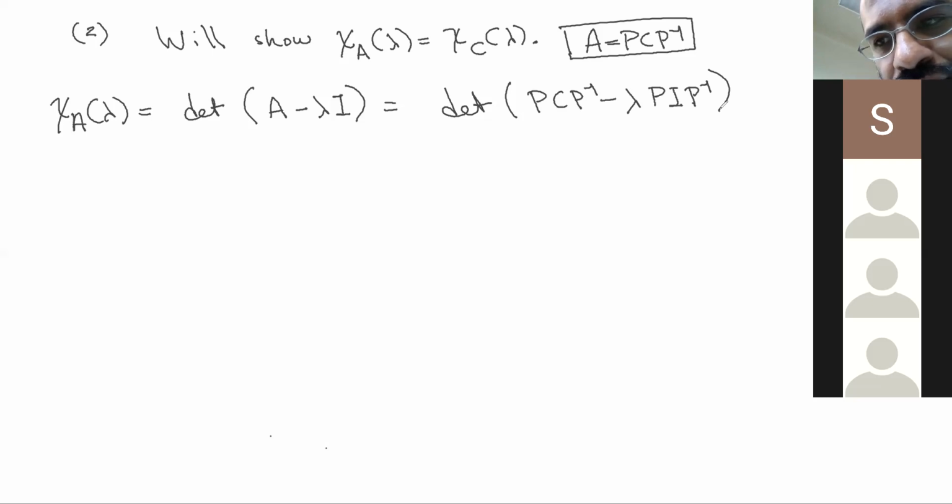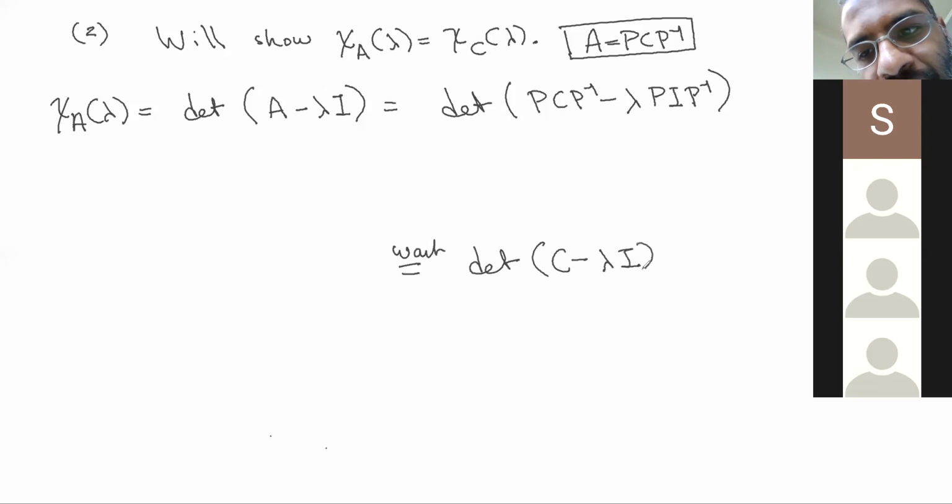So what's the next step? Any thoughts? So I want to turn this into the characteristic polynomial of C. How would I do that?